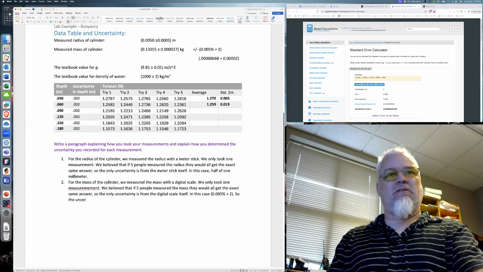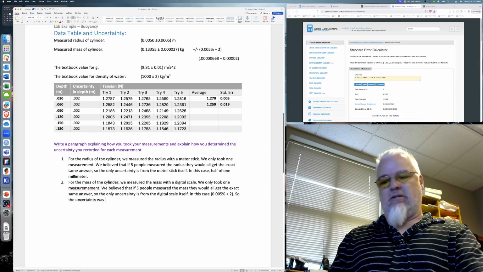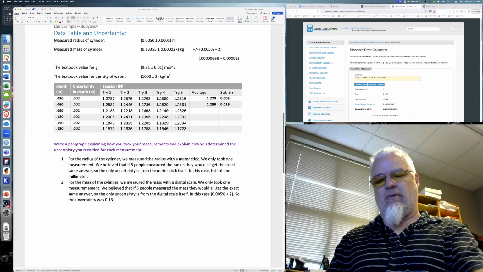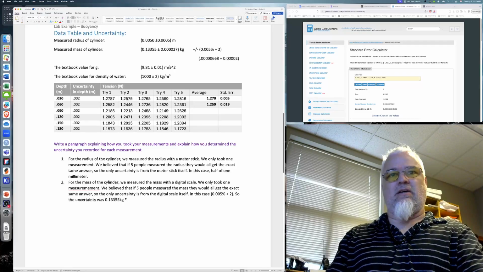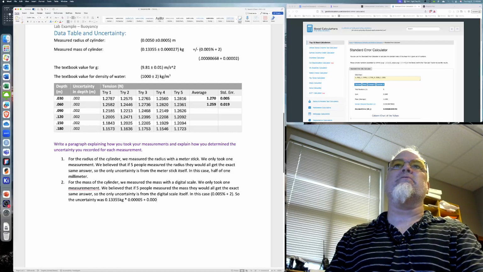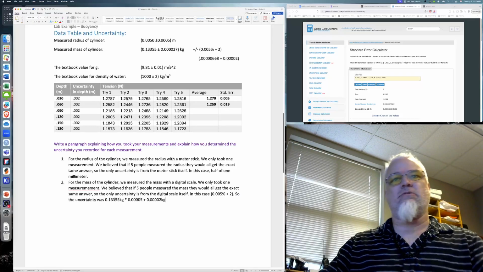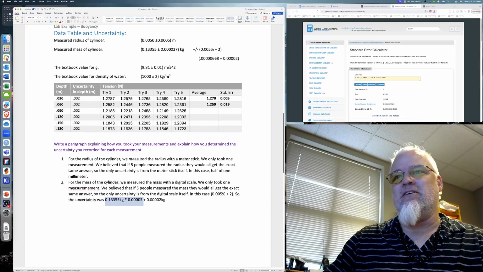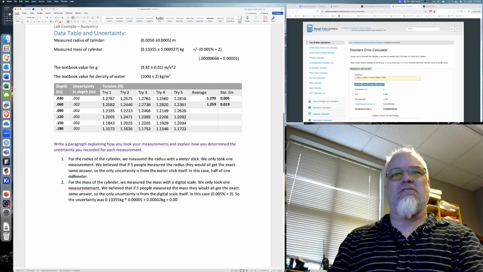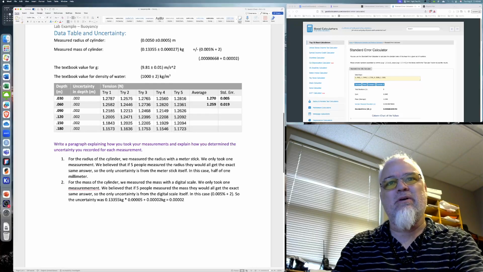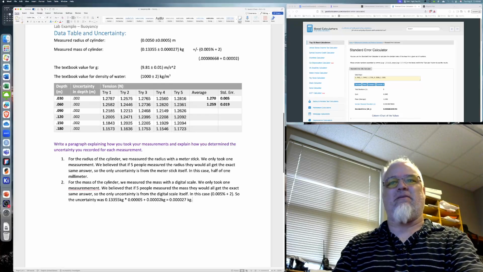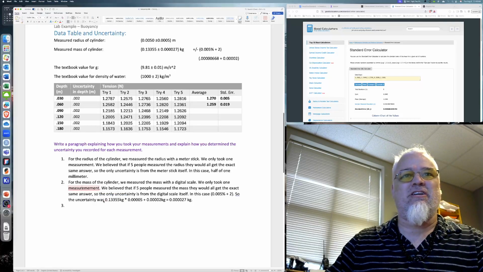So the uncertainty was 0.13355 kilograms times 0.00005 plus 0.00002. This is in kilograms. This part is that part, and this part is this part, equals 0.00027 kilograms.